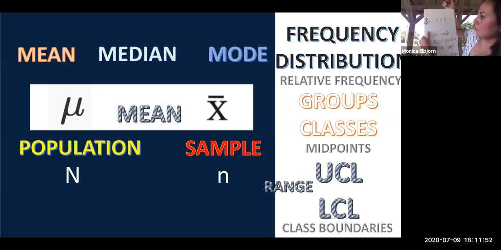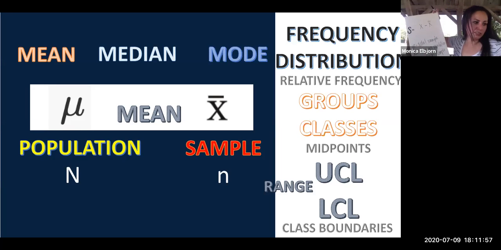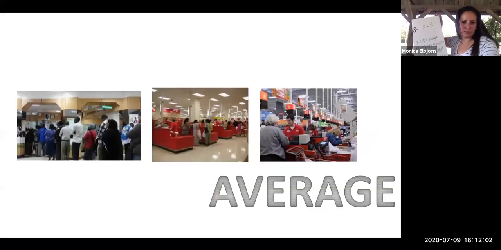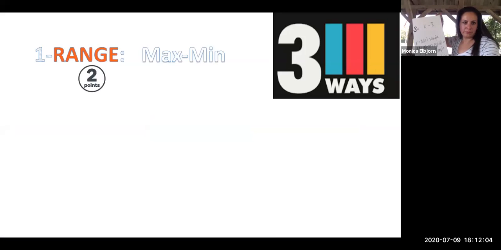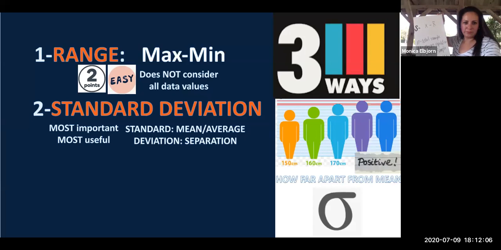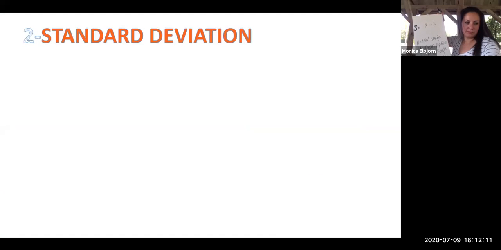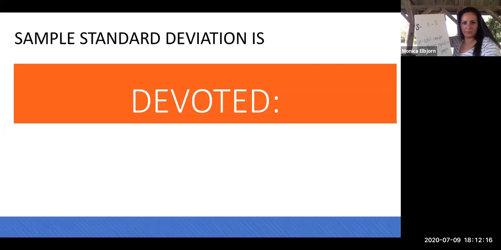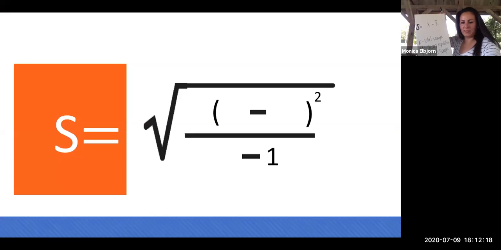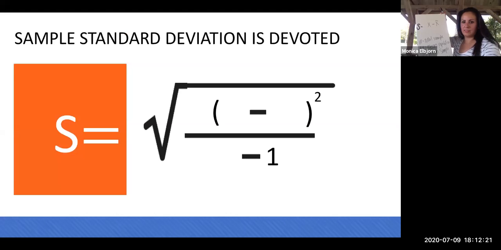So we subtract X minus the average. So we got X minus X bar.